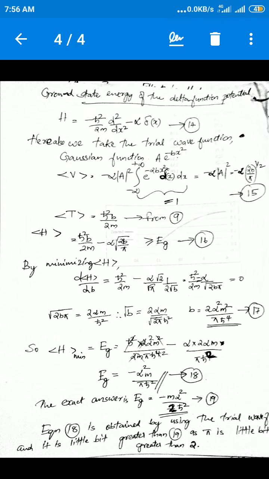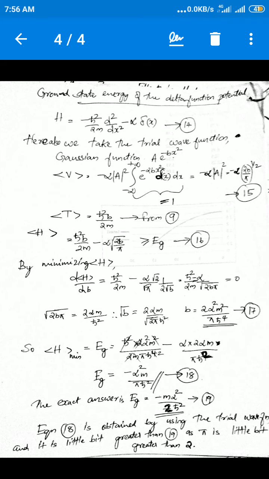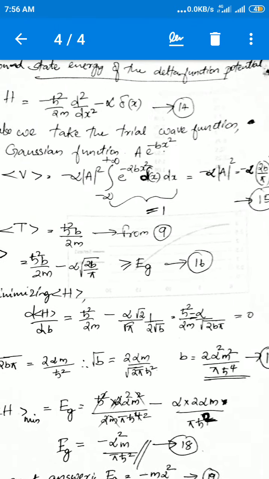Now we already found the value of the kinetic energy expectation. You can take it from the previous example. Now you just need to take the expectation value of potential energy, and we take the trial wave function here, the Gaussian function itself, a into e raised to minus bx square.